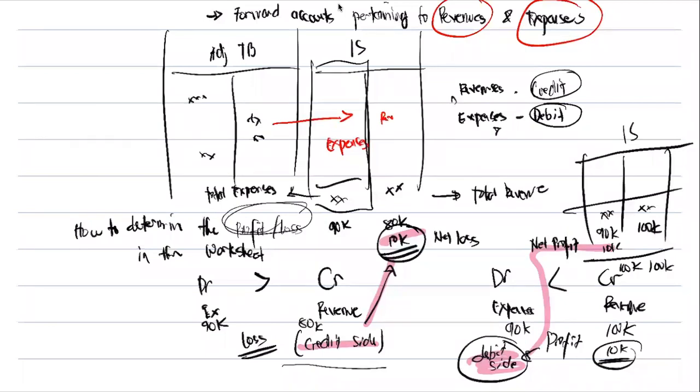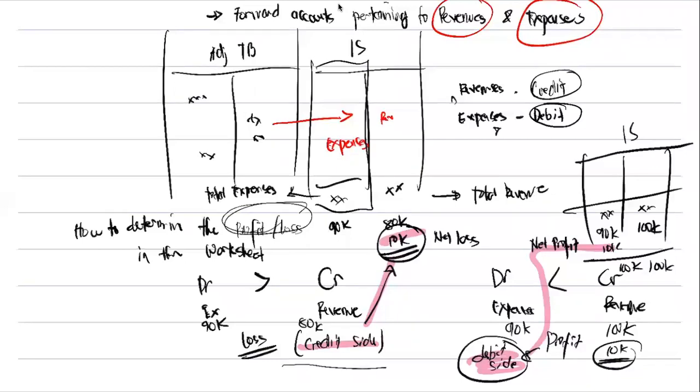What do we forward again in your income statement, in your worksheet? That is only your revenues and your expenses, items of revenues and expenses. After that, we look at the difference between the two. If the debit is greater than the credit, it means that the expenses are greater than the revenue, then there is a loss.